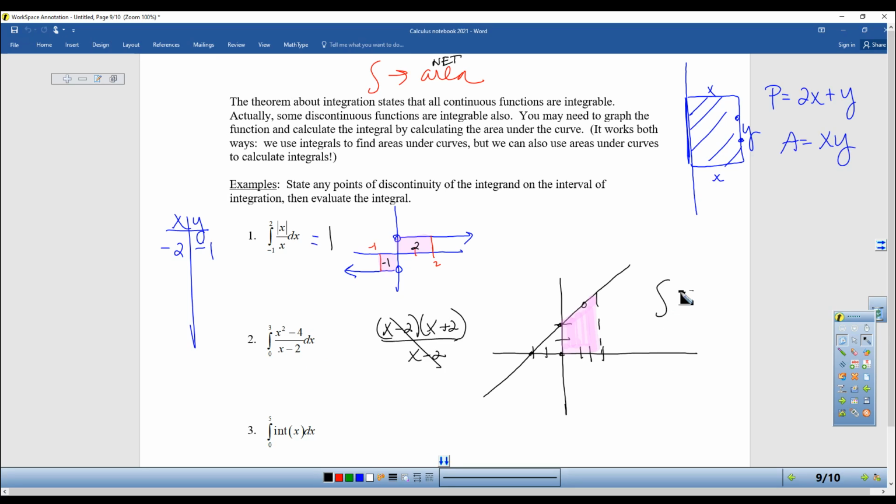So I'm going to do the integral of x plus 2 from 0 to 3, knowing that the hole doesn't matter. I get x squared over 2 plus 2x from 0 to 3, which is 9 halves plus 6 minus 0 plus 0. So 9 halves is 4.5 plus 6. The answer is 10.5.